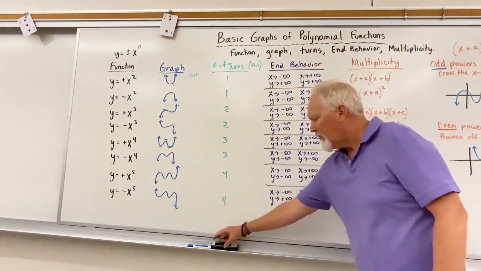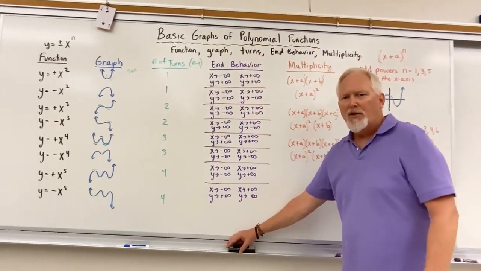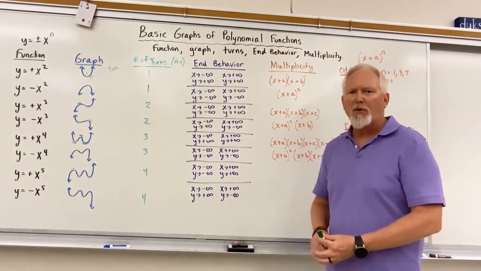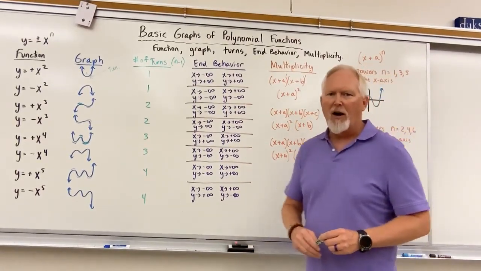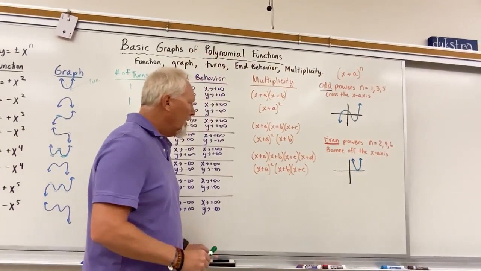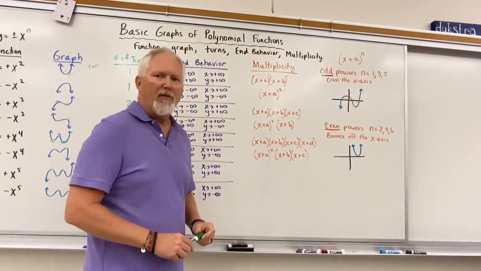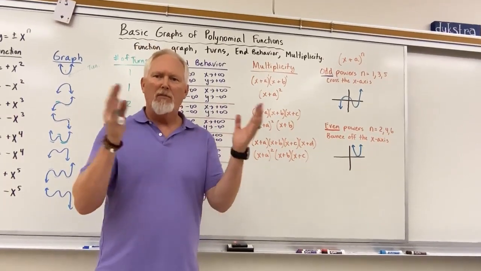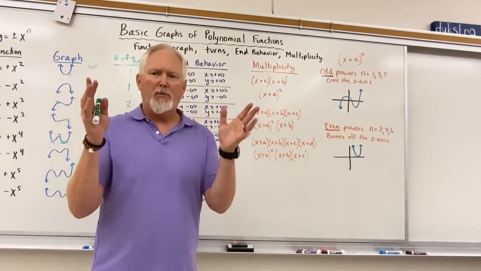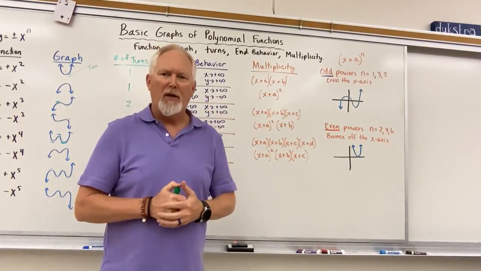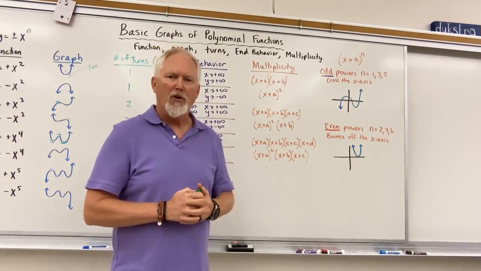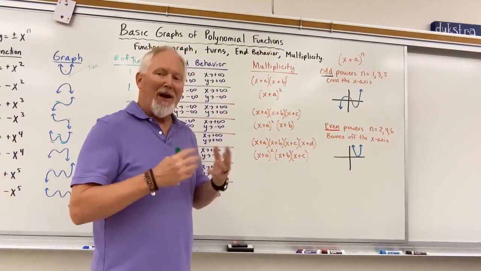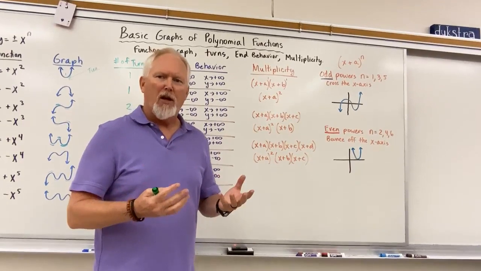Okay, let's move along to a concept called multiplicity. Multiplicity is when we have these factors, after we've used synthetic division, we get some x cubed plus whatever in the polynomial function. We factor it out, and now we've got to try and graph it.